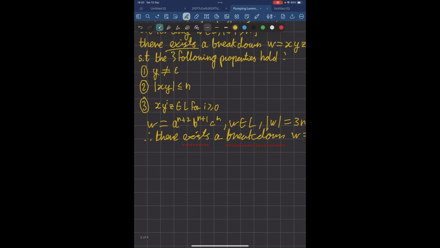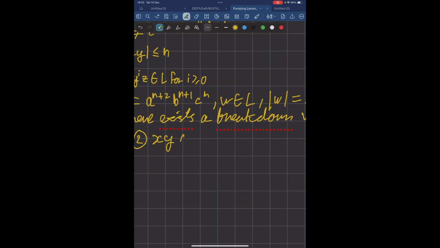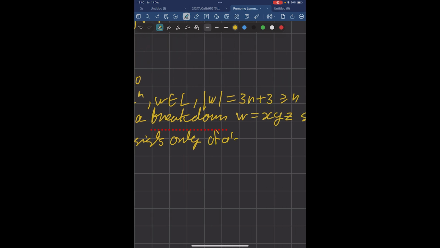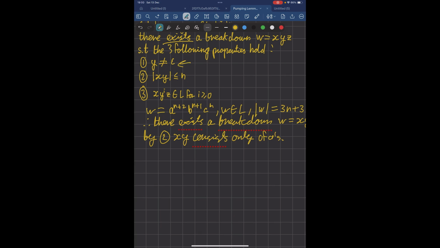Now, as mentioned before, because of property 2, we know that xy consists only of a's. And then by property 1, because y is not empty, y contains at least one a.